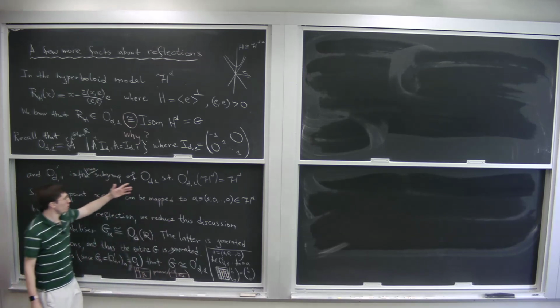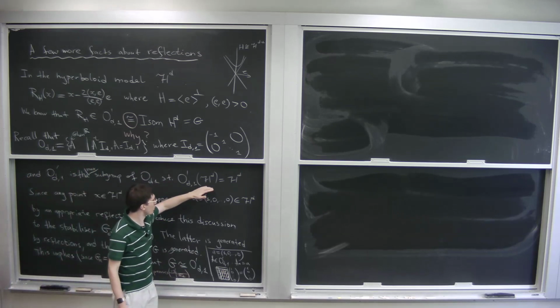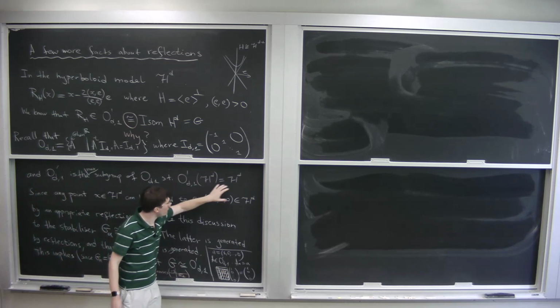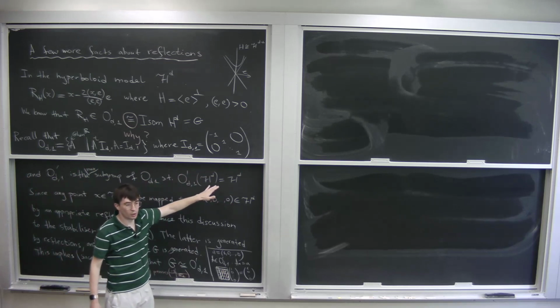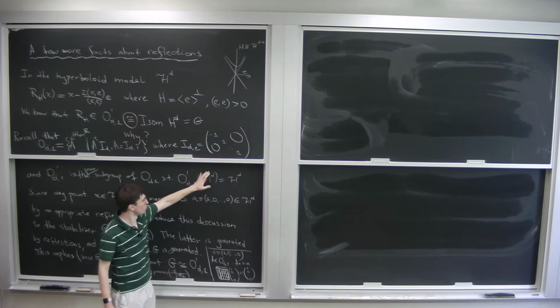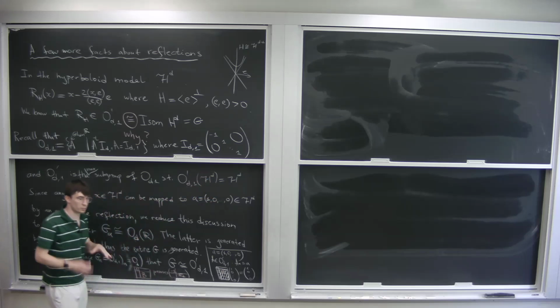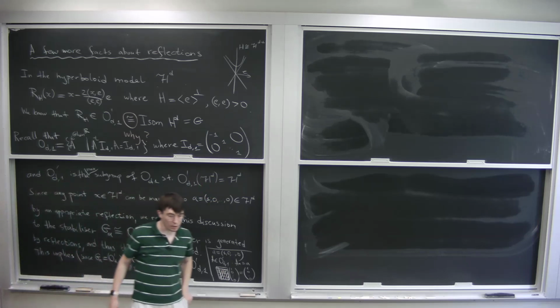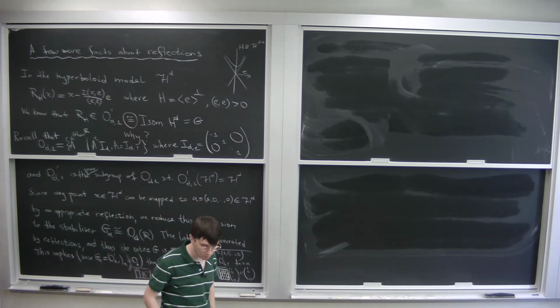So it just consists of all elements of O(d,1) that preserve H^d. This is how you can explicitly obtain this group, right?